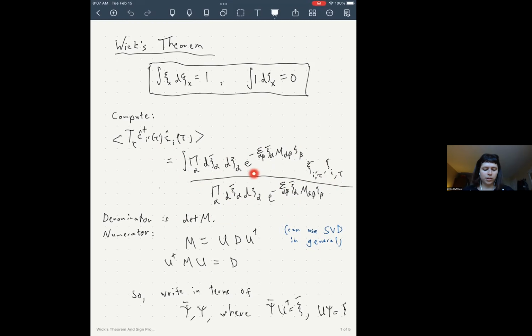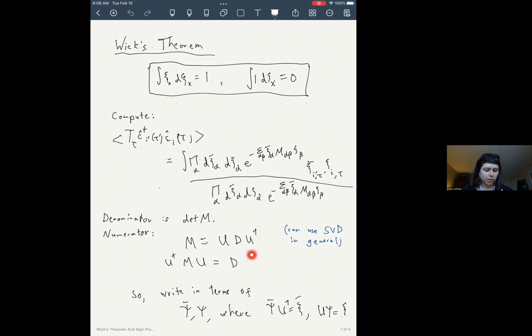Now the numerator, we have this matrix psi bar m psi, and a way to actually make it easier to compute is to go ahead and rewrite this matrix. And to rewrite the matrix, assuming that it's Hermitian here, you can rewrite it as U D U dagger.